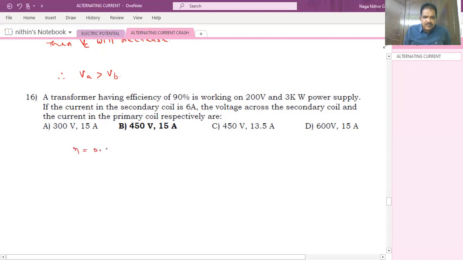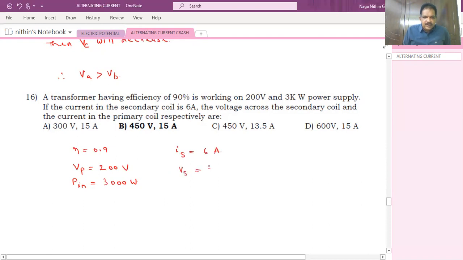Eta is equal to 0.9. Vp is equal to 200 volt. P in is equal to 3000 watt. And current in the secondary coil is 6 ampere.